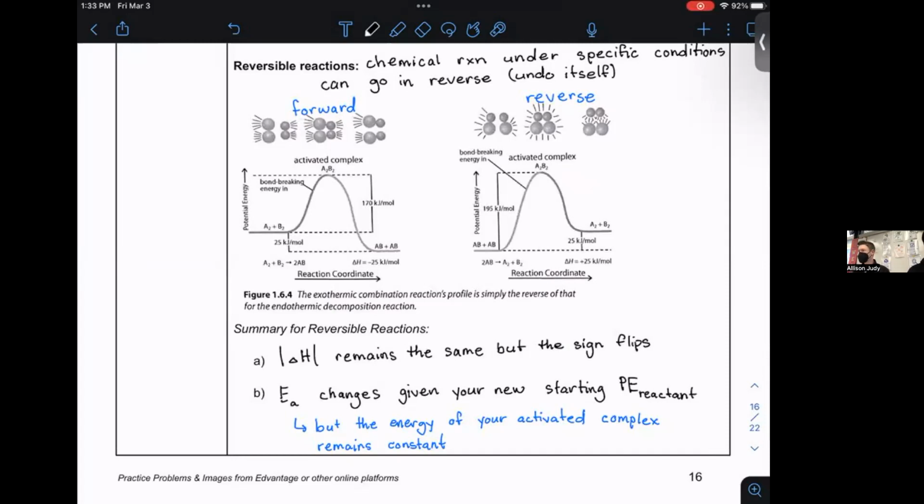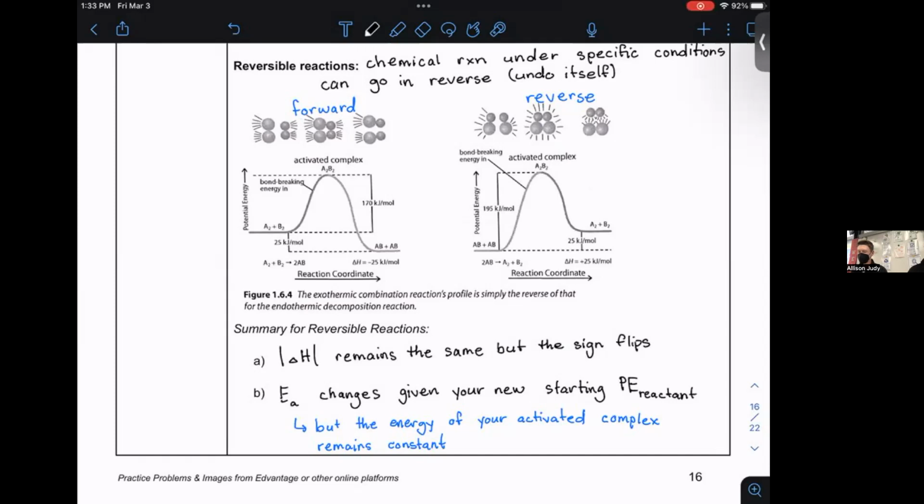So the absolute value of the enthalpy remains the same, but it's the opposite. When the reaction goes in the reverse direction, an exothermic reaction will become an endothermic reaction. However, because the starting potential energy of the reactants is changing, the activation energy for the reaction is going to change.